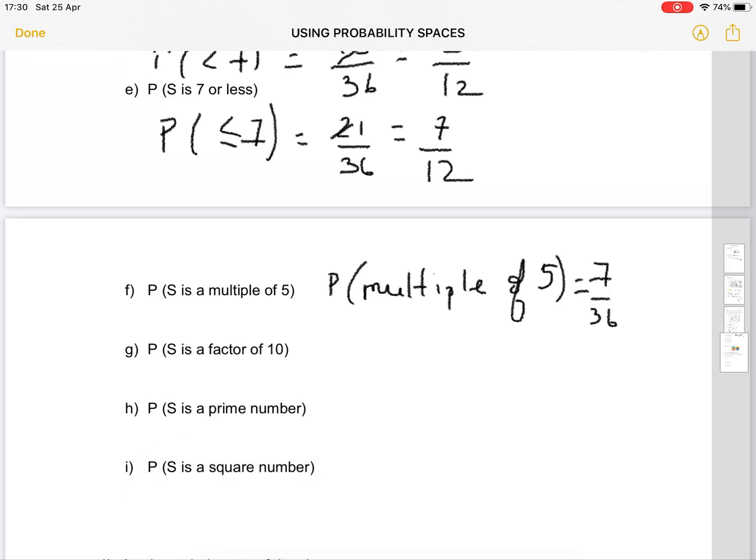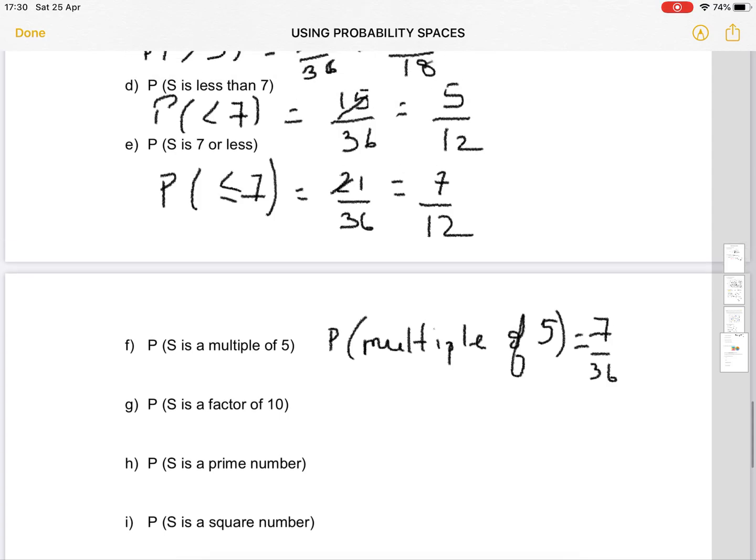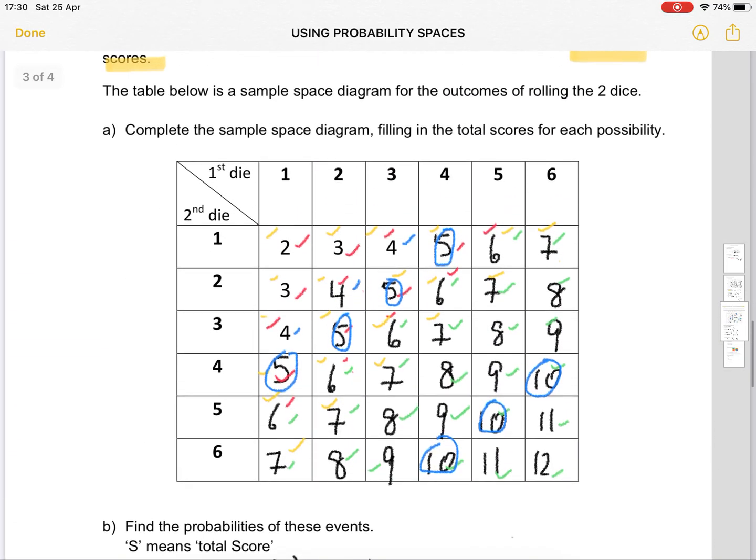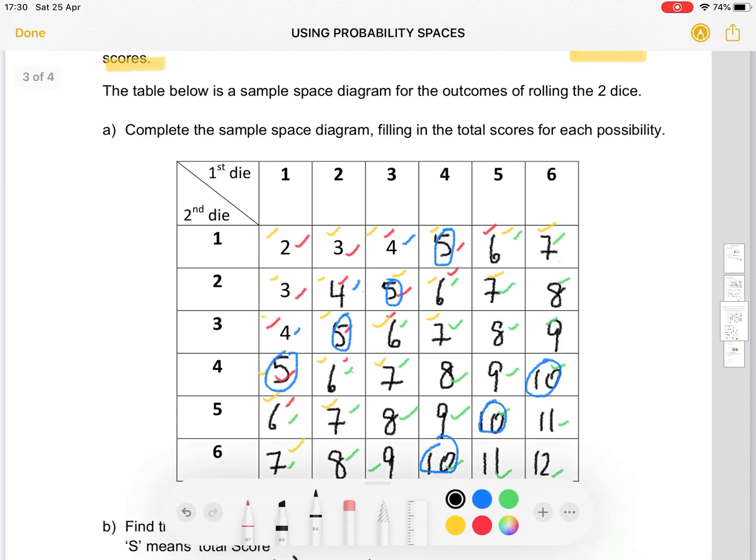Okay, S is a factor of 10. Now, factors of 10, let's mark them with a red circle. I have the 2, which is a factor of 10. I have all the 5s.